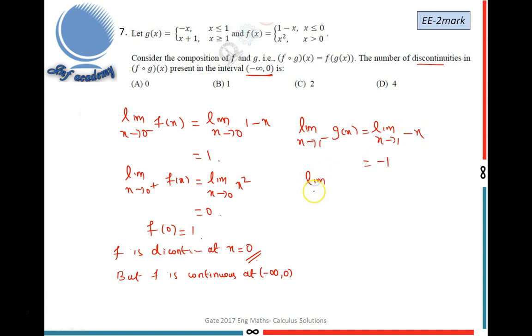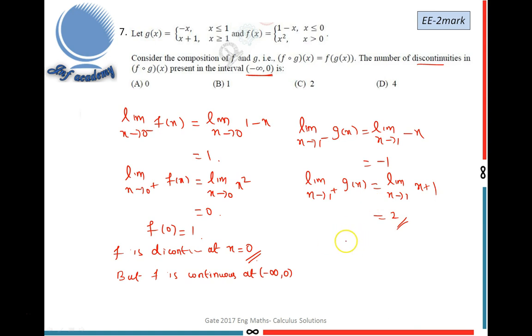But limit x tends to 1 plus g of x equal to limit x tends to 1, x greater than 1 value of g of x is x plus 1, this is 1 plus 1, 2. These two values are not equal. Again g of 1 is equal to 2 and minus 1. So these two values are not equal.